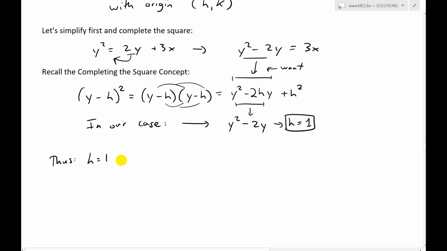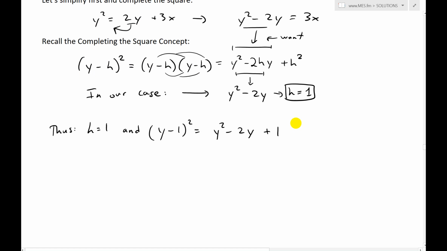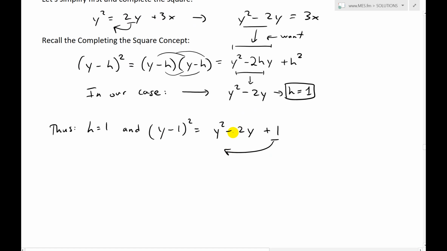Thus we have h equals 1, and then we complete the square. We have y minus 1 squared equals y squared minus 2y plus 1, since 1 squared is just 1. Now we'll move this over so we could separate this out. So we have y squared minus 2y equals y minus 1 squared minus 1.